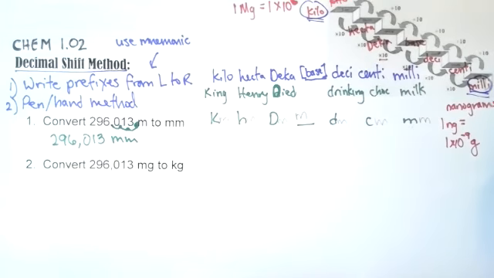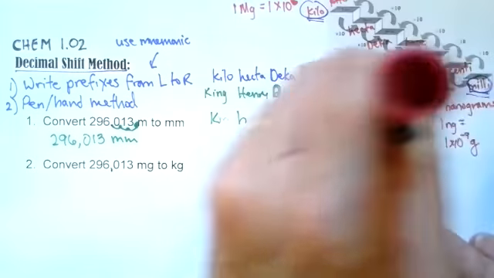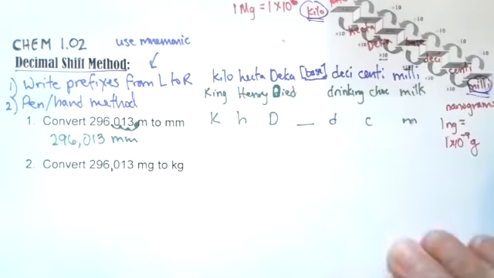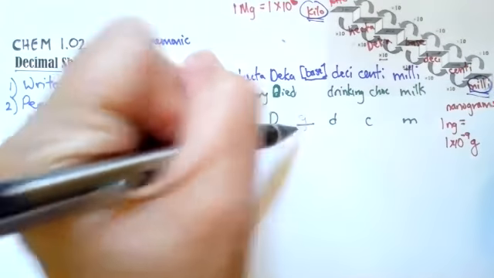All right, our next one, now this is a comma. It's 296,013. That's a comma, not a decimal. And let's erase, this is grams, just to show you that this works for everything. So now my base unit is gram.